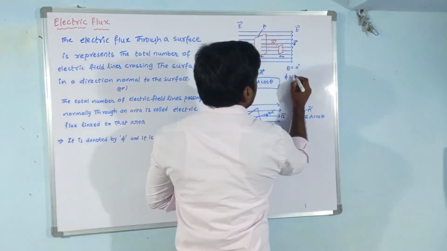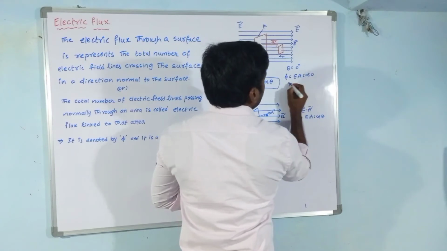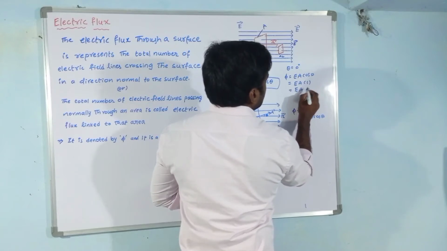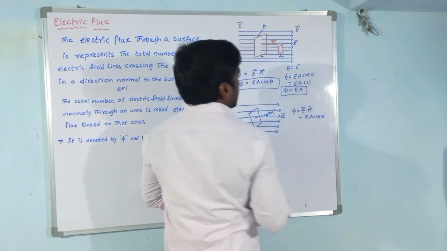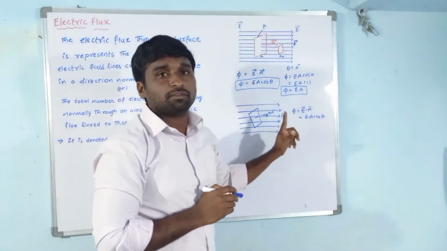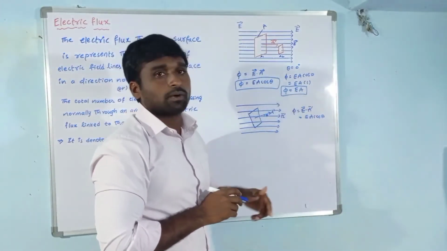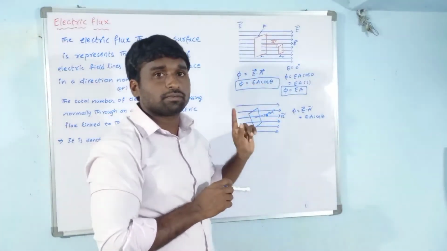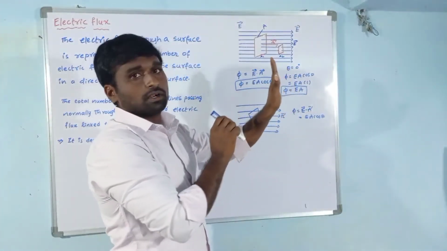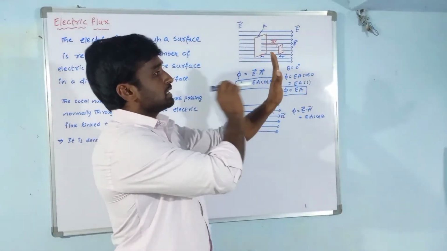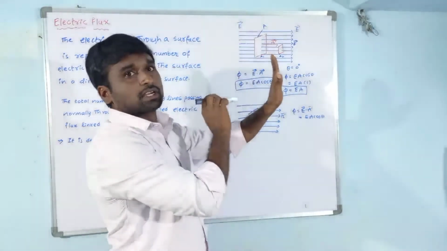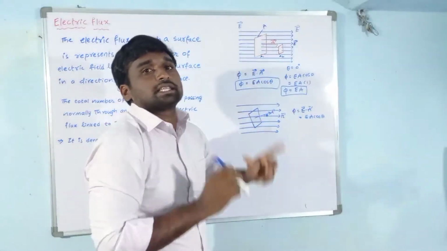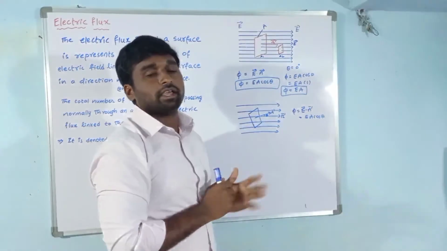Then phi is equal to EA cos 0, and cos 0 is 1, so phi is EA. In this case we get maximum flux, because the maximum number of electric field lines pass through that area surface.